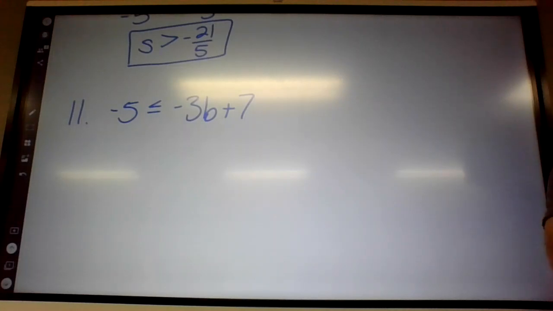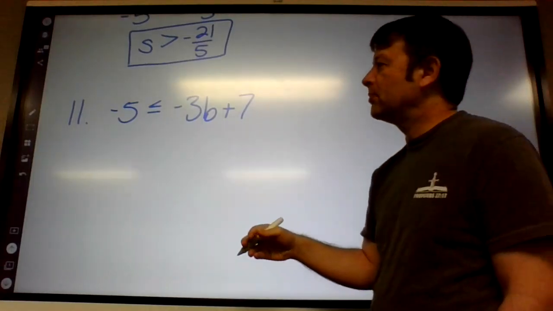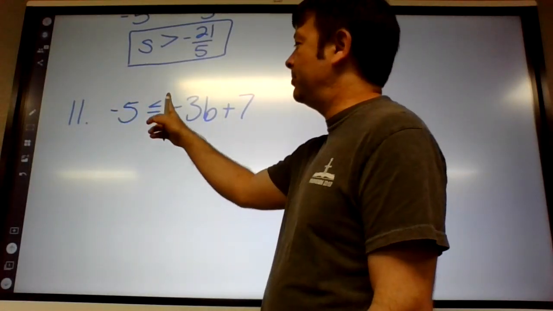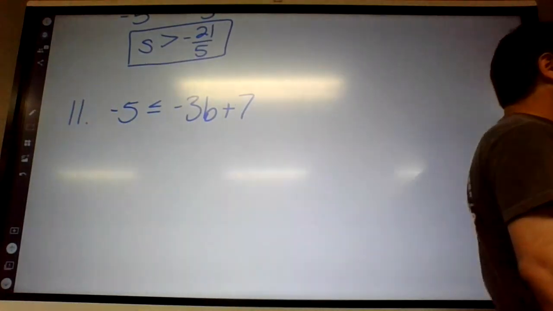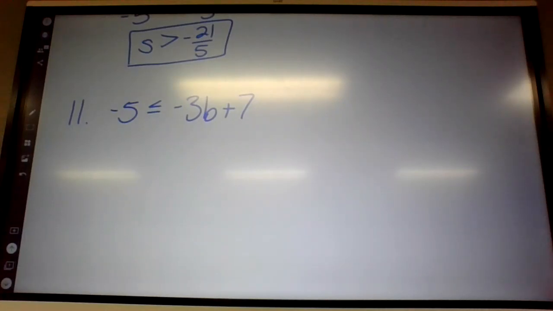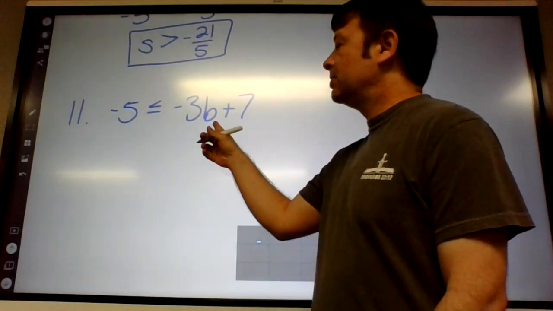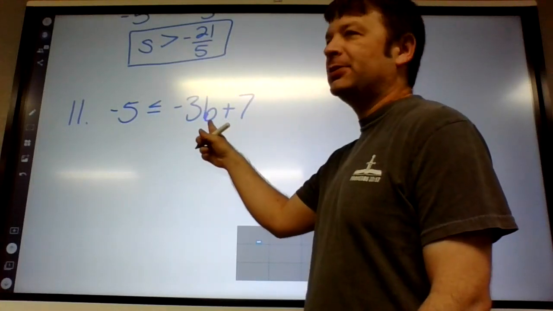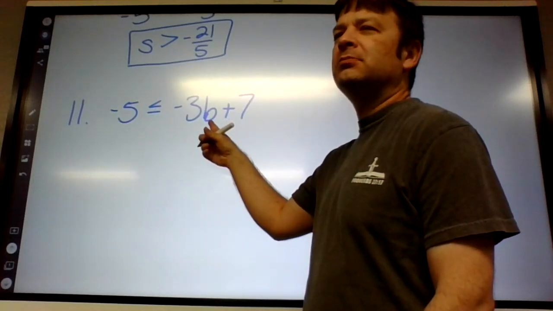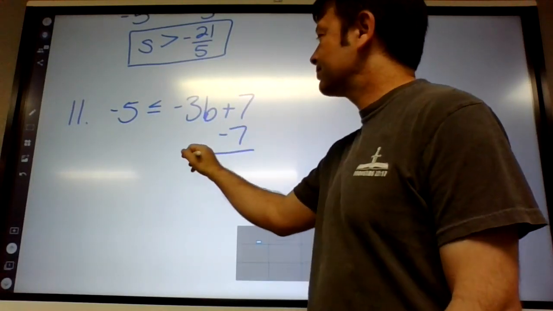Hallie, what should I do on this one? Do we subtract the 5? Well, normally the B's on this side, so we have to get rid of the 5. In this case, the B is on the right side, so we need to get rid of the numbers on the right side to get B by itself over here. So what would we do? Subtract 7.